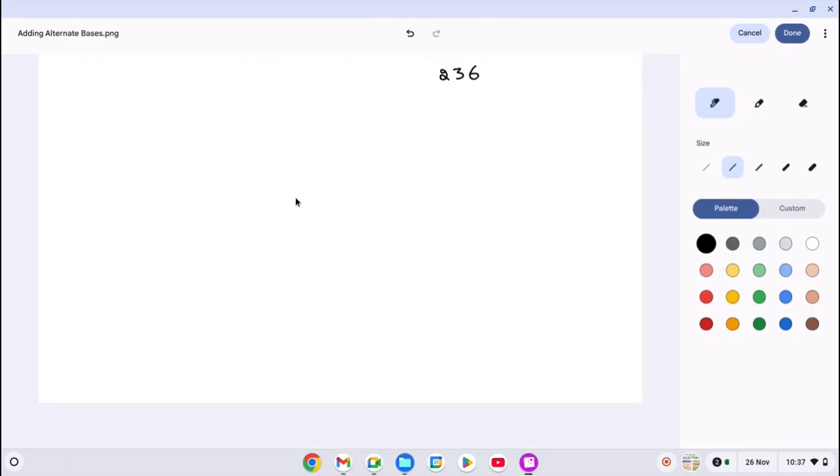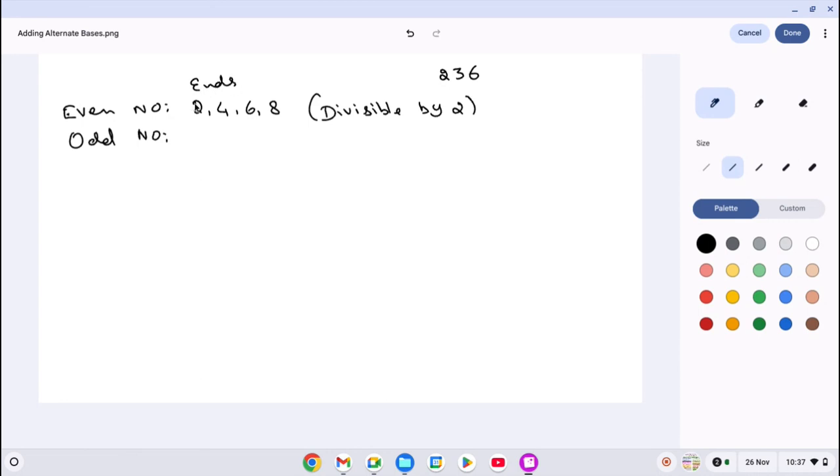Before that, let's see what an even number is and what an odd number is. An even number is a number that ends with 2, 4, 6, 8 or 0. An even number is a number which is divisible by 2.